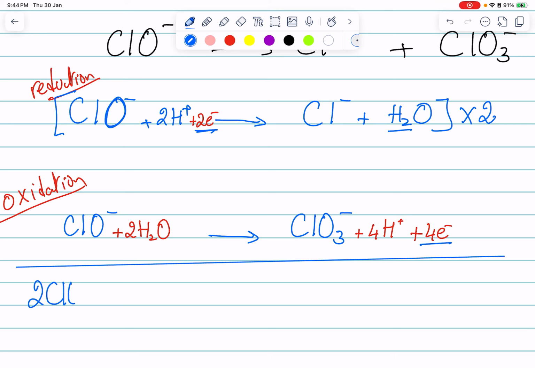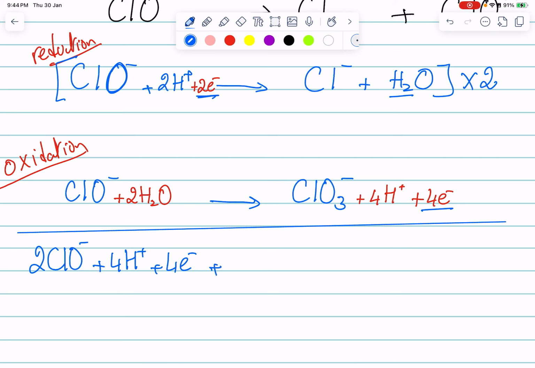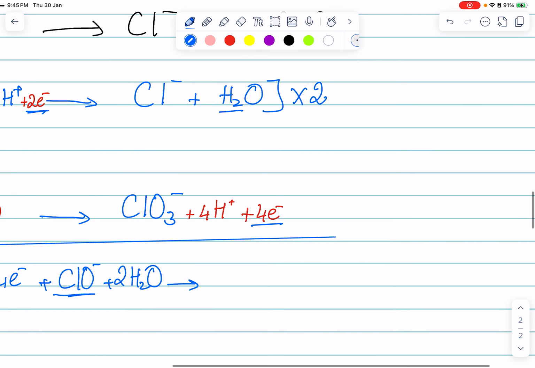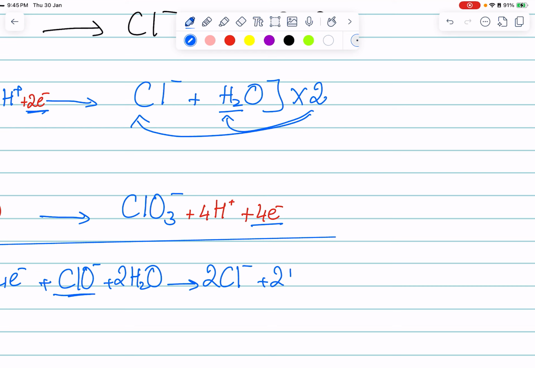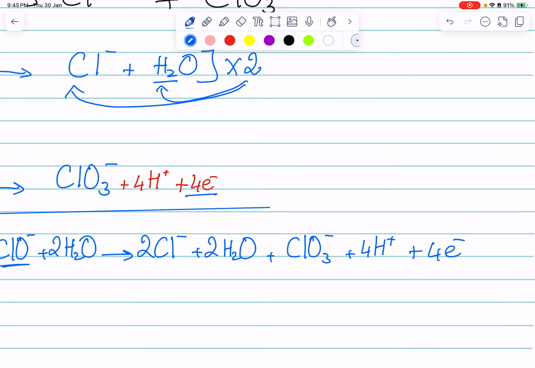So 2 ClO-, 4 H+ and 4 electrons from the reduction, plus this ClO- and 2 H2O. These 2 particles, we are going to add them up in our next step. So now 2Cl- and 2H2O and ClO3- and 4H+ and 4 electrons.